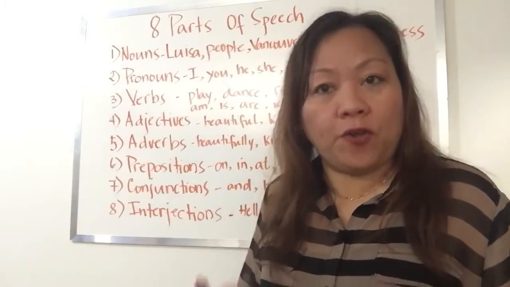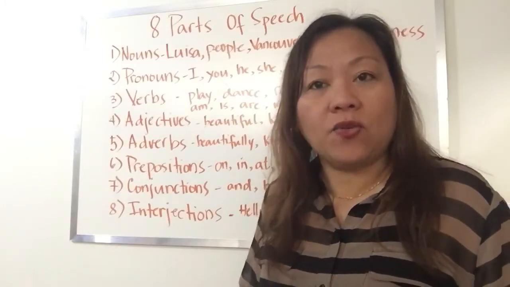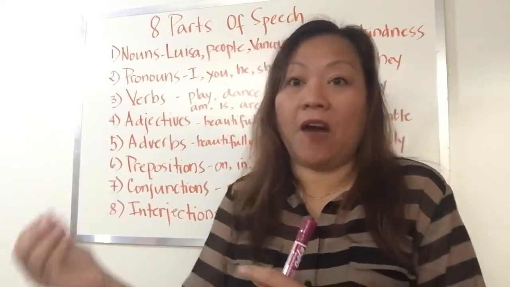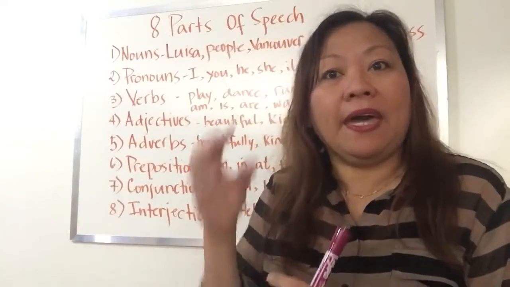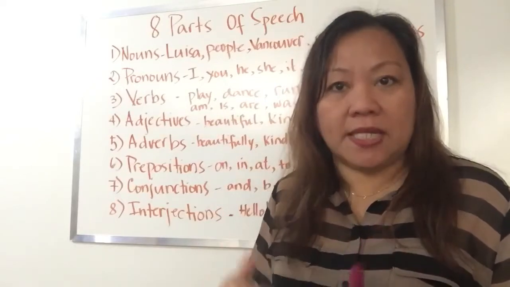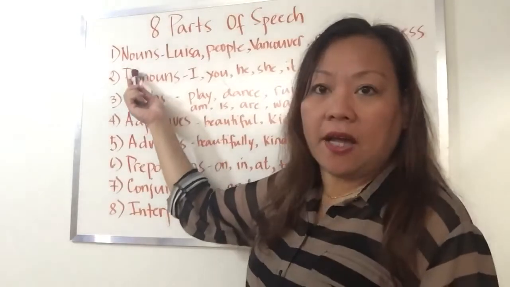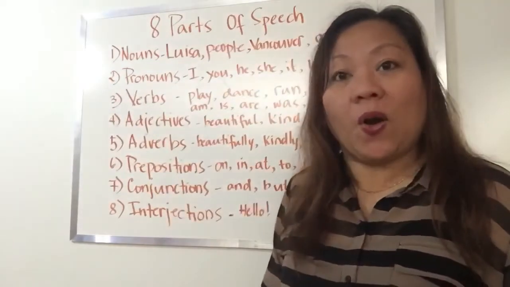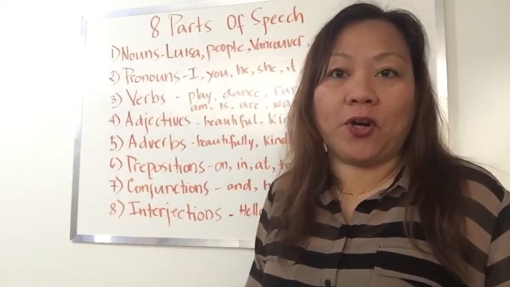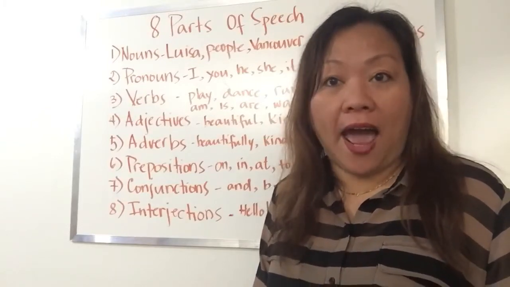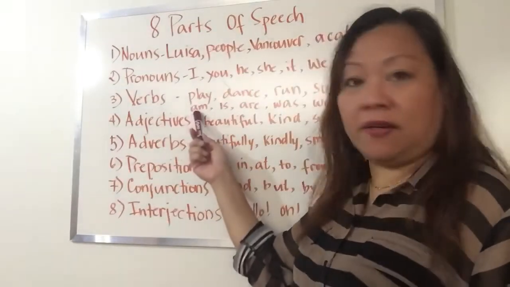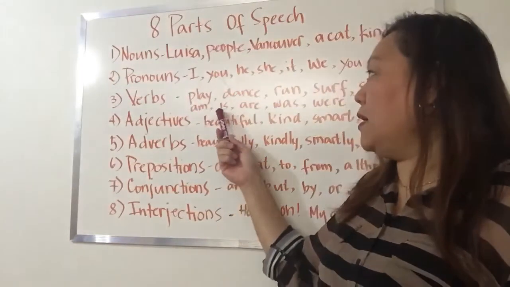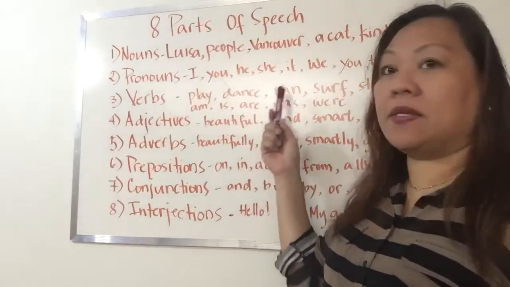So these are verbs, and these are action words, and we usually use them after a subject. And a subject in our sentence is either a noun or a pronoun. But of course, there are also examples of verbs that are non-action, like the verb be: am, is, are, was, were.